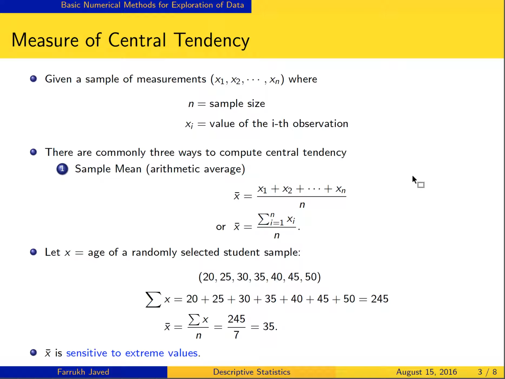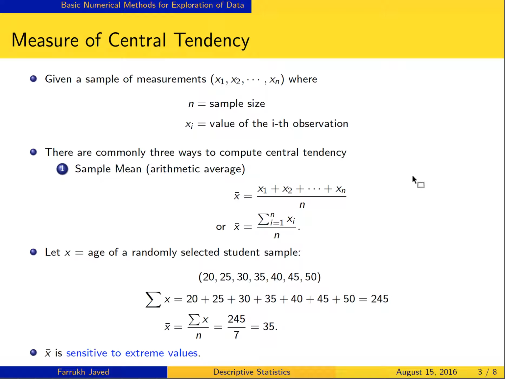So if you look at a very basic example over here, let x equal the age of a randomly selected student sample, and these are the ages: 20, 25, 30, 35, 40, 45, and 50. So there are 7 students in a group, and their ages differ. Each student has a different age, and it ranges from 20 to 50.